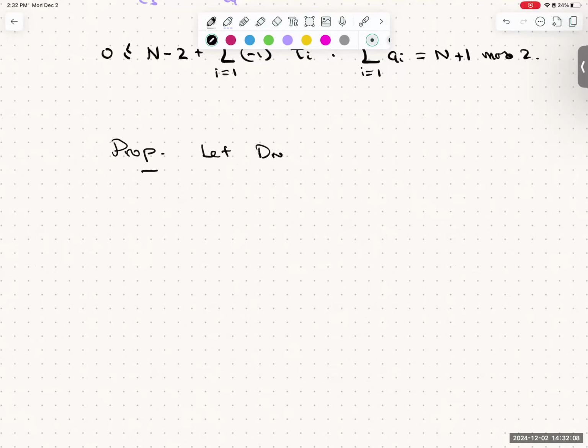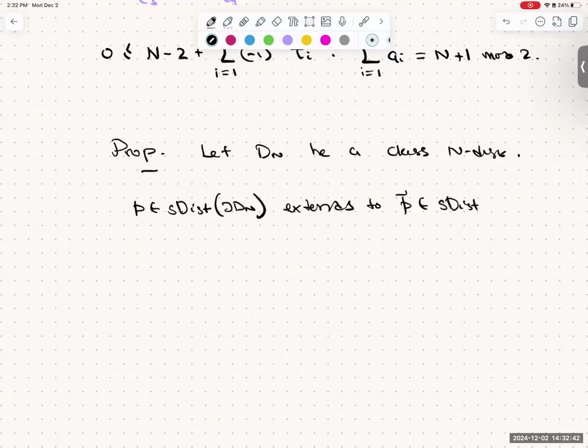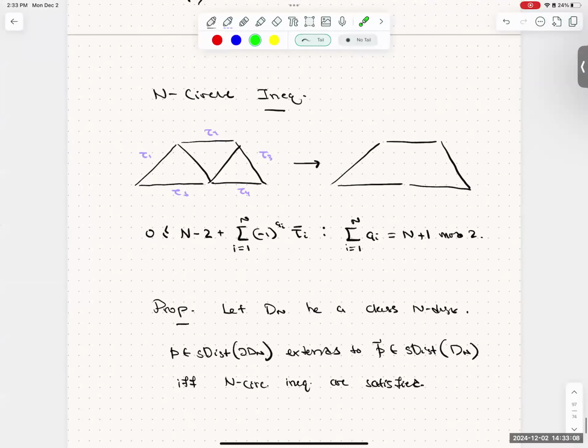If a classical n-disk is denoted d_n, we have that a distribution P on the boundary extends to P tilde in S dist of d_n if and only if the n-circle set inequalities are satisfied. Some of these statements are modulo some trivial inequalities.